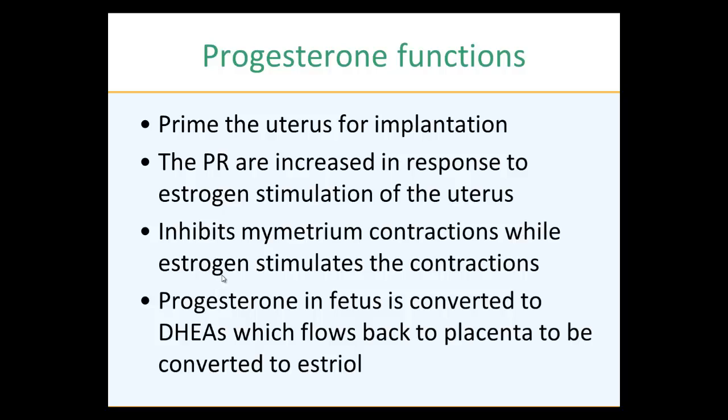Also, the cortisol will increase the estrogen making by the placenta, so there is a feedback between the mother and the fetus, and increasing the estrogen synthesis during late pregnancy will increase all the effects of estrogen. Particularly, we're talking about the effects on the uterus.